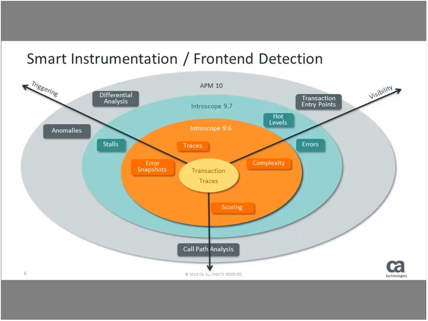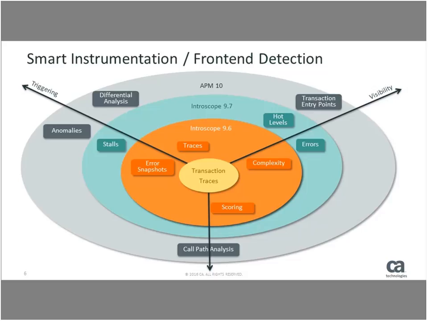Now we have deep transaction information on error snapshots, transaction traces. By doing this, we take a look into the complexity of transactions, and we're using a specific scoring mechanism to identify what is important. I will talk on the next slides more about the complexity and the scoring and how we identify what are important components as a part of a transaction.